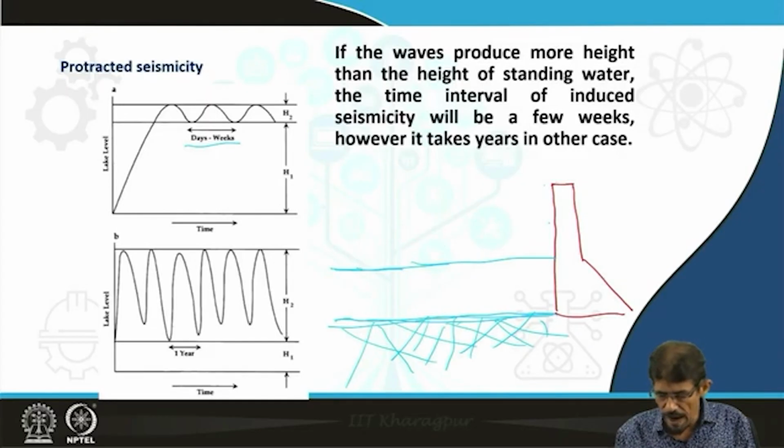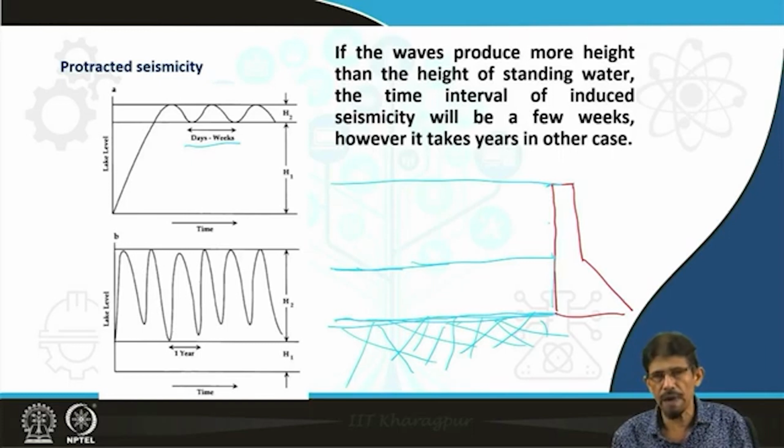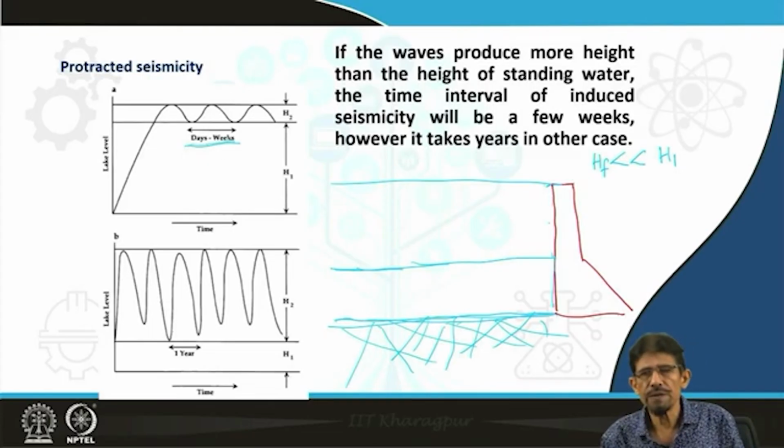when the height of increment in water is far more than the normal level. In the previous condition, the fluctuation is less than the original level or original depth of water, which is able to produce RIS in a period of days and weeks.